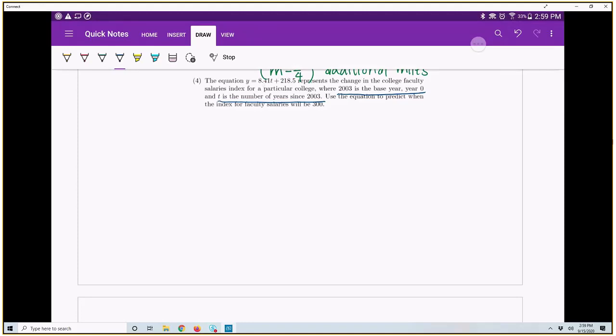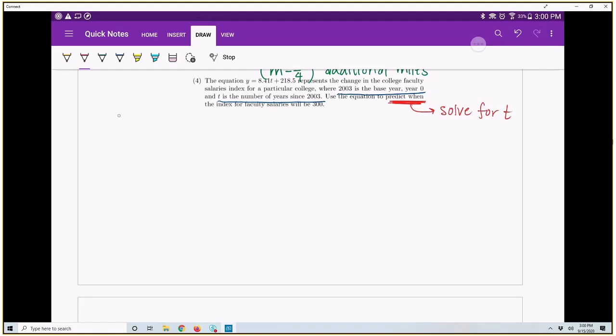It asks us to use the equation to predict when the index for faculty salaries will be 300. So as soon as I see these words predict when, I know that I'm going to solve for some value of t. Okay, so let's use the equation that we were given.